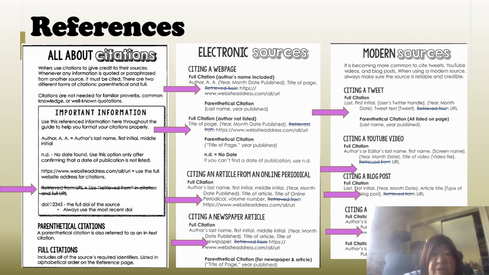Oh, you don't write retrieved from. You just put the URL. And I would assume most of you will be using URLs, articles from the internet, or like on the right side, tweets, YouTube videos, blogs, or stuff like that. Okay?